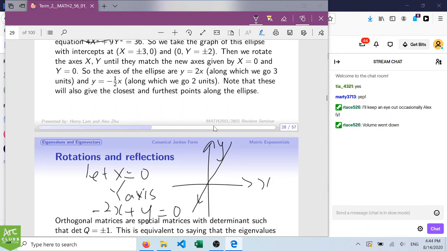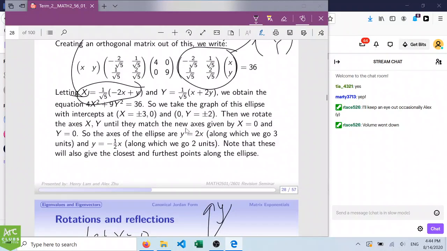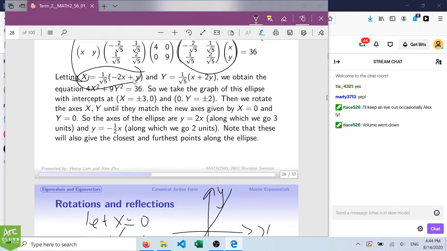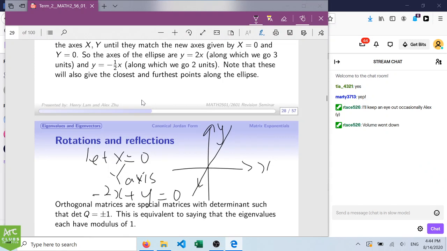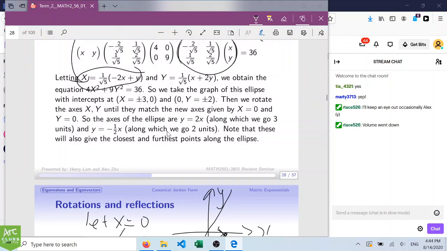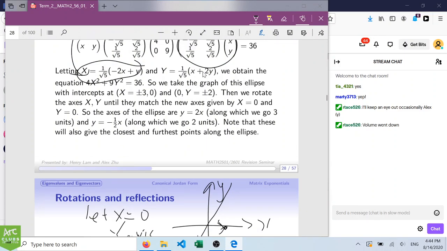So if you substitute x equals minus 1 and x equals 1, y equals 0, which is this vector over here, you'll end up with x equals minus 1 over root 5, and y equals 1 over root 5.